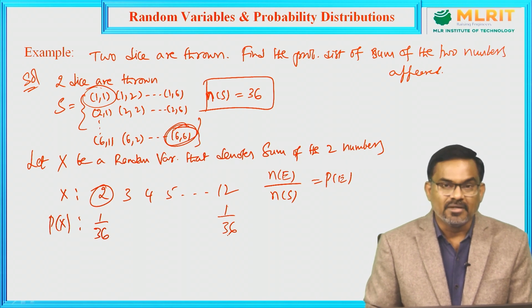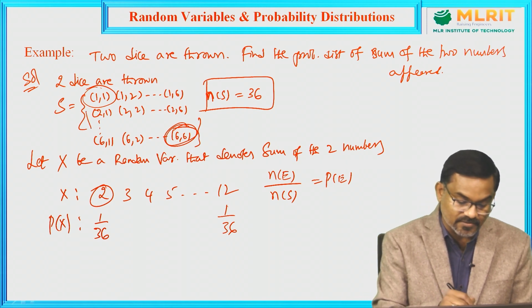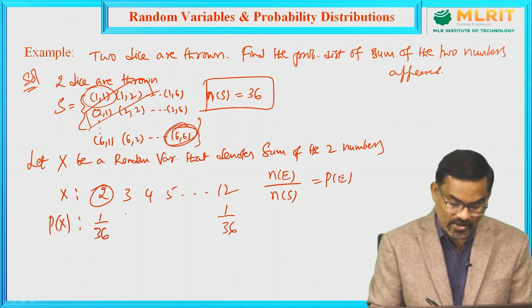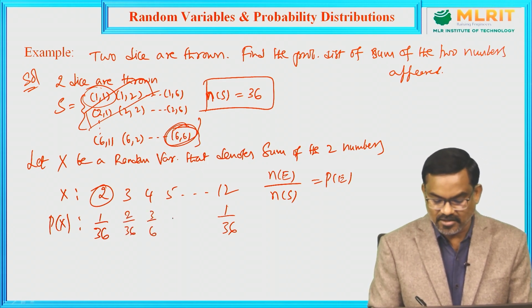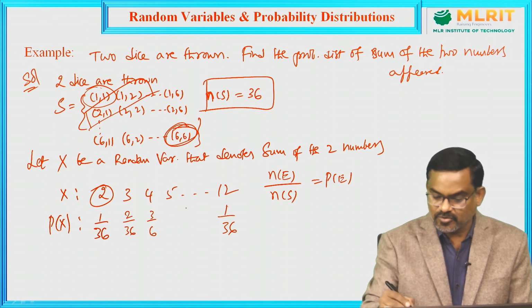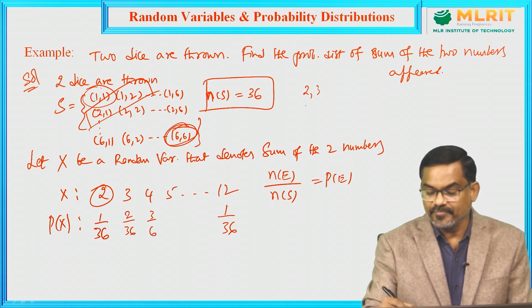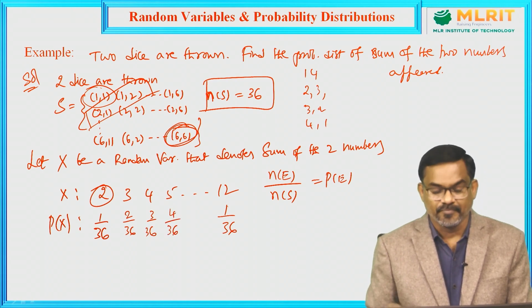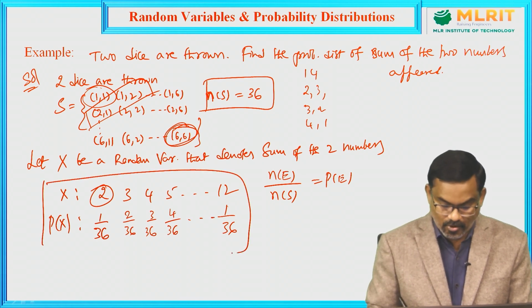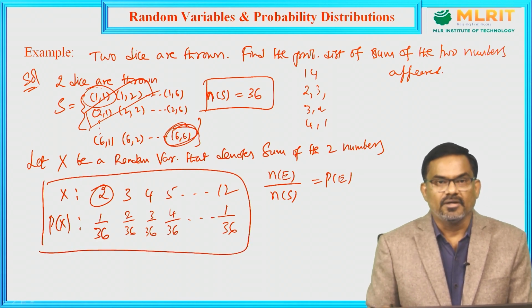Sum 3 is possible in two ways, 1 2 and 2 1, so 2 by 36. Sum 4 is 3 by 36, and so on. To get sum 5, we have 1 4, 2 3, 3 2 and 4 1, so 4 cases out of 36, and so on. So, this is called the probability distribution of the sum of the two numbers appeared.